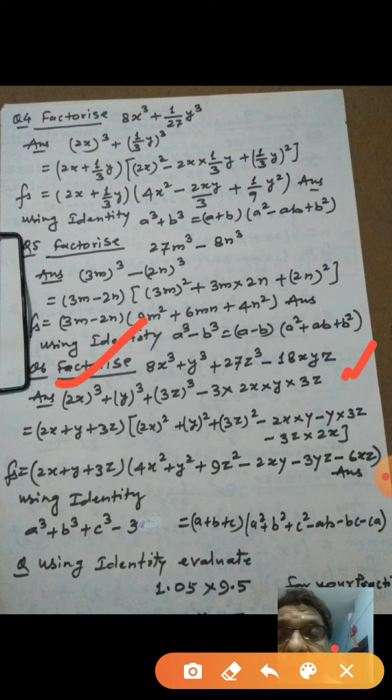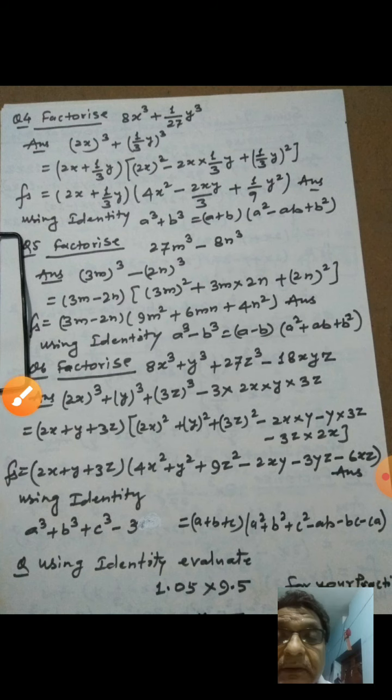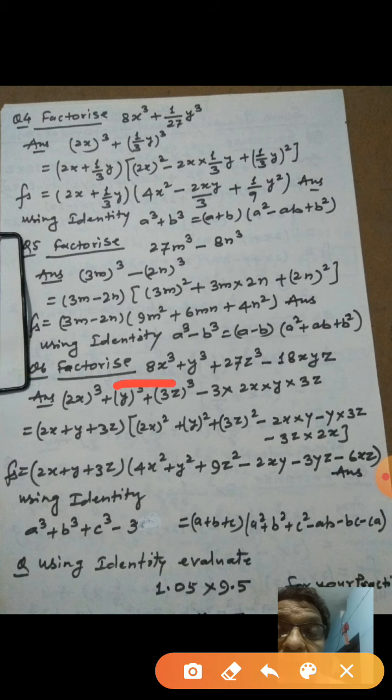How we can recognize the related identity. You see here 3 terms are in cube and one term is having all variables in one power. The x variable is in cube, again y cube, here again z cube, but here all 3 variables are simply x, y, z, meaning each with one power.